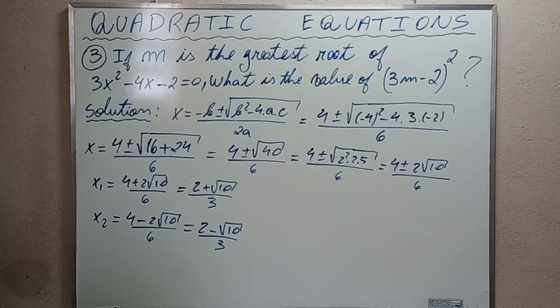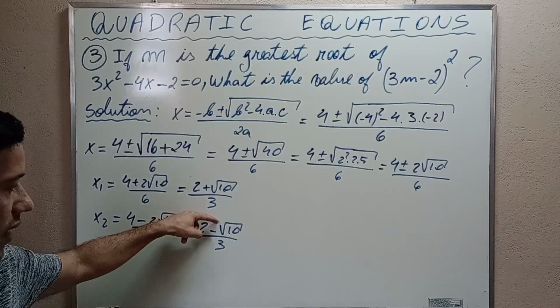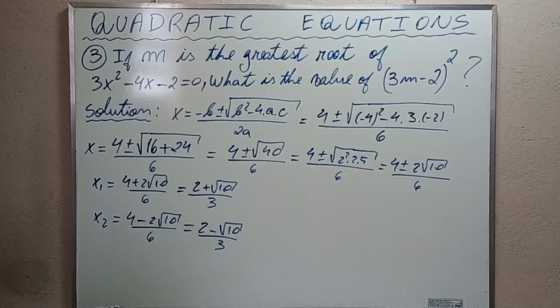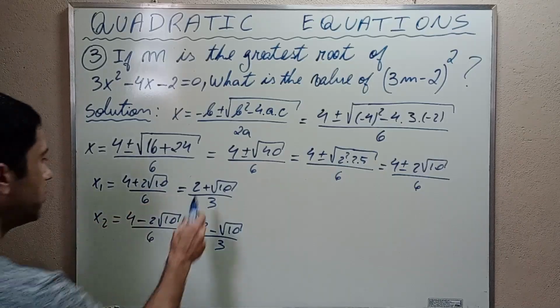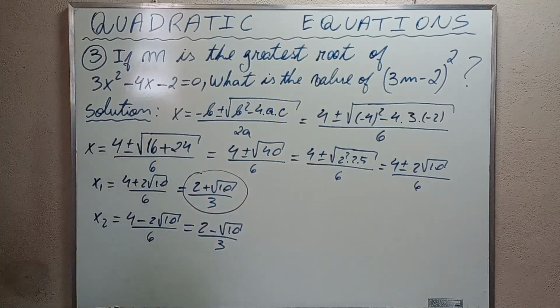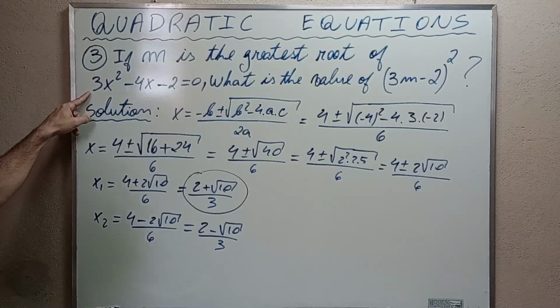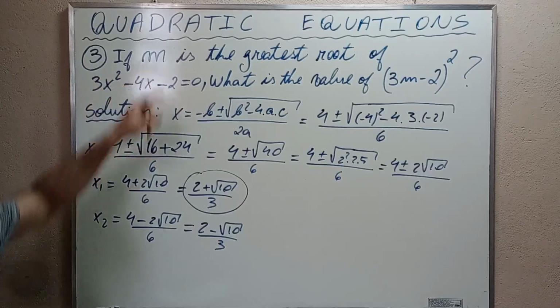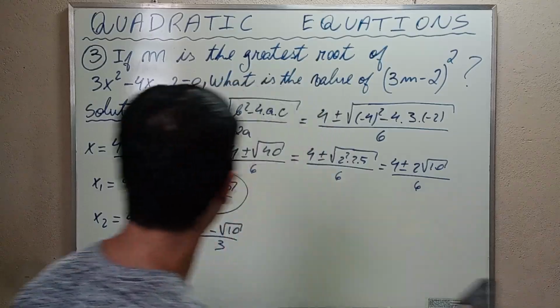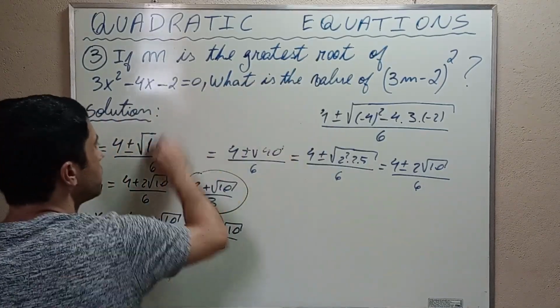These are the roots of this equation. Due to the negative sign here, we conclude that this x1 is the greatest root of this equation, okay? We are going to use this for m, alright? Let me clear the board here for more calculation.